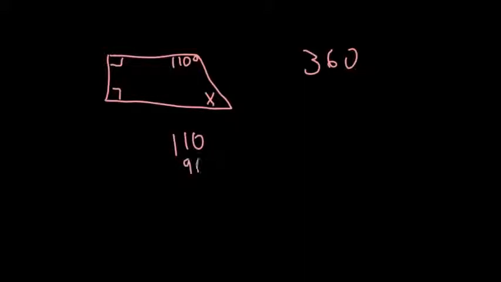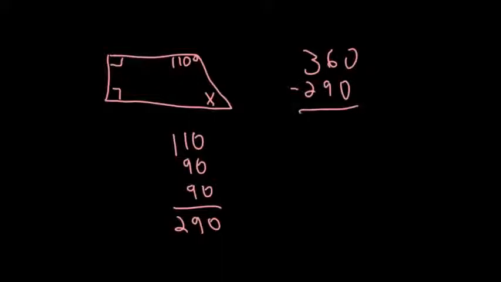So I have a 110, a 90, and a 90. So I add that up to get 290. And then I'm going to subtract that from 360. And I will get 70. So x equals 70 degrees. I'll do a couple more examples of that.